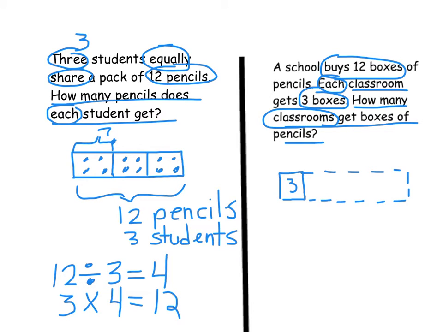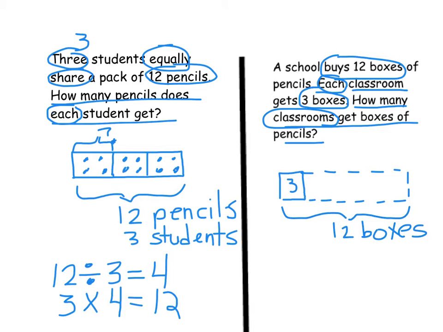the number of groups. So when I go ahead and I label my tape diagram, I'm going to label the whole tape diagram as 12 boxes. Because those 12 boxes are being shared into classrooms, and each classroom gets 3.